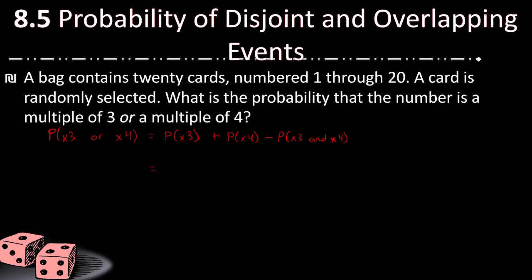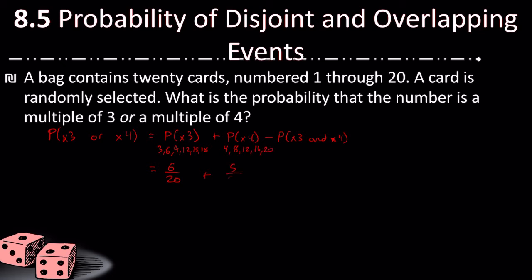So what numbers are multiples of 3 up through 20? It would be 3, 6, 9, 12, 15, 18, and then 21 is greater than that, so it looks like it's 6 out of the 20. Multiples of 4 would be 4, 8, 12, 16, and 20.